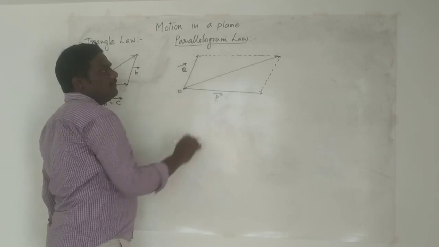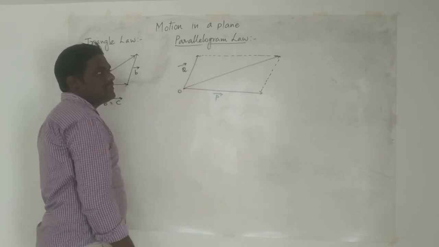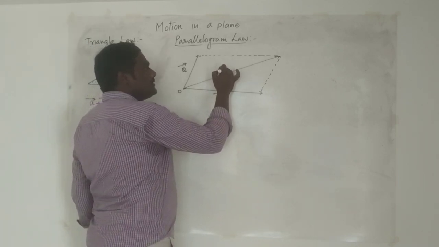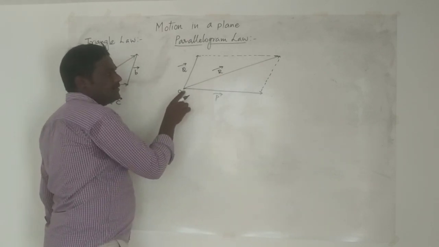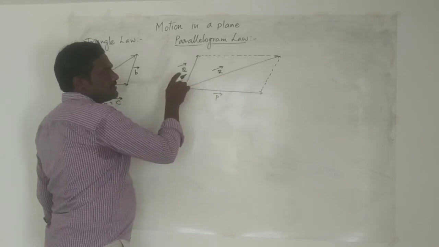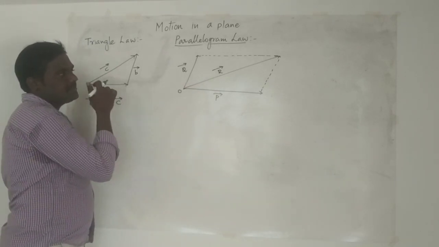Now this is the diagonal. What is the diagonal? Diagonal is the imaginary line which joins opposite vertices in the given parallelogram. Now this diagonal drawn from the same point will represent the resultant of these two vectors. Hope you understood. Unlike triangle, this is a bit different.